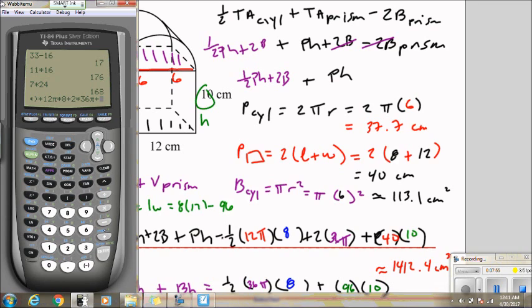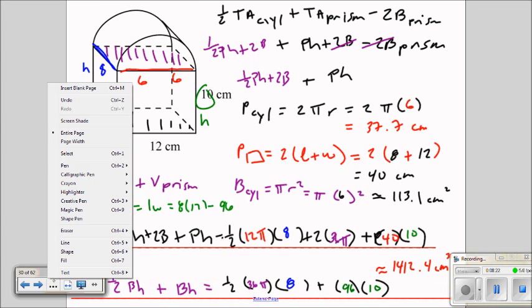Plus 40 times 10, which is 400. So our total area is roughly 776.99 centimeters squared, rounded to the hundredths. 776.99.